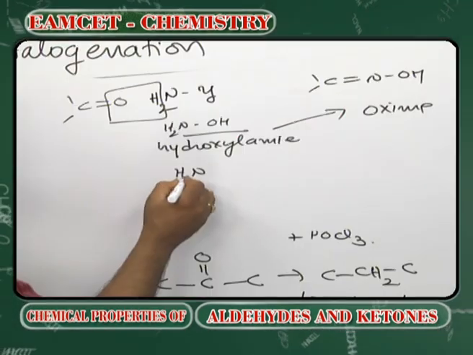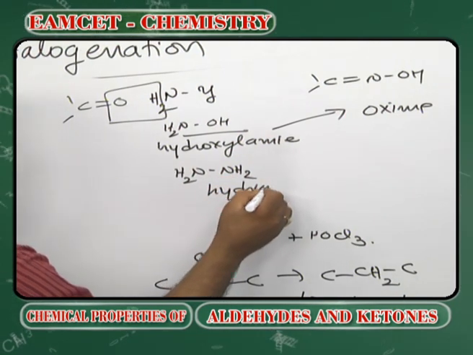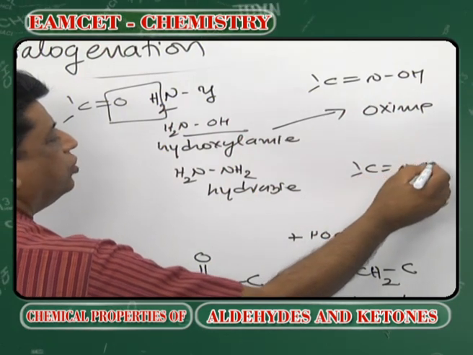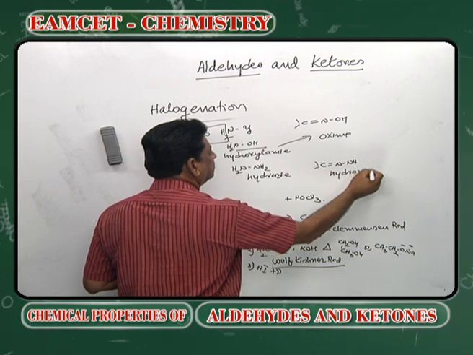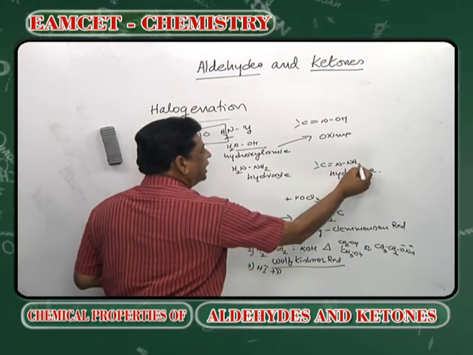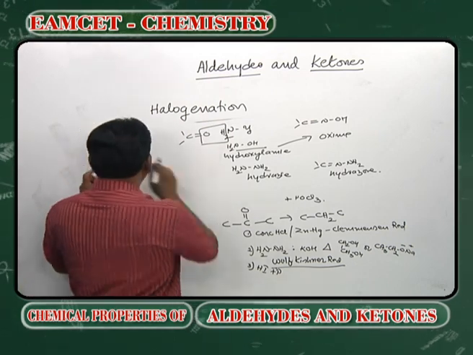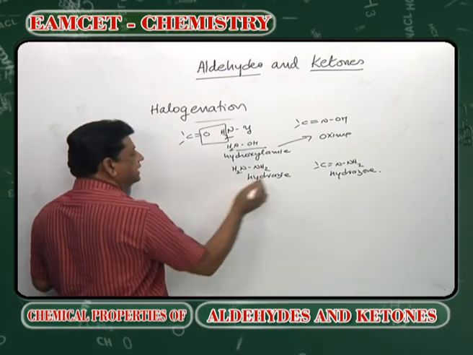If Y is NH2, this is known as hydrazine. You will get the C double bond N NH2. This is known as hydrazone. Hydrazine, when it is used, you will get a hydrazone. Two more reagents are similar to hydrazine.